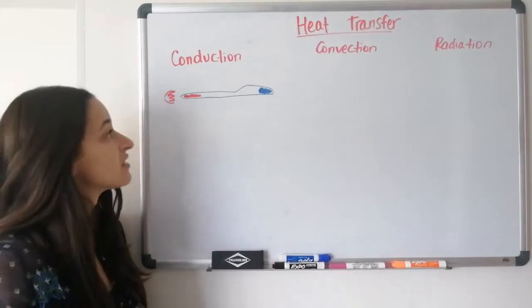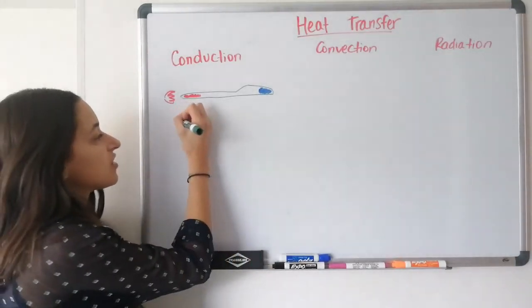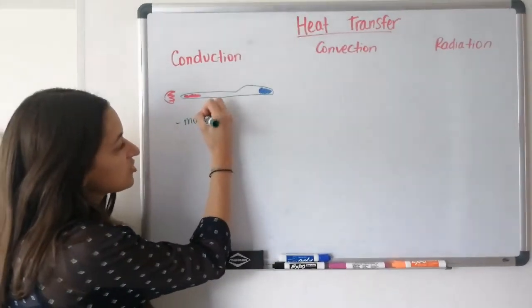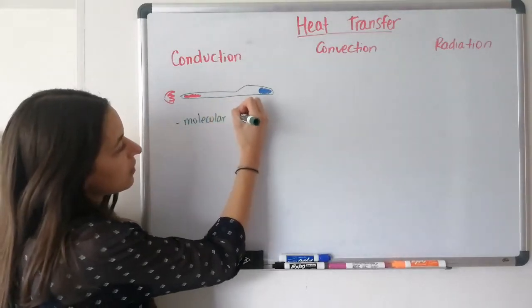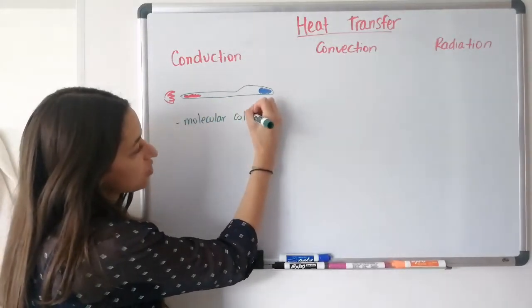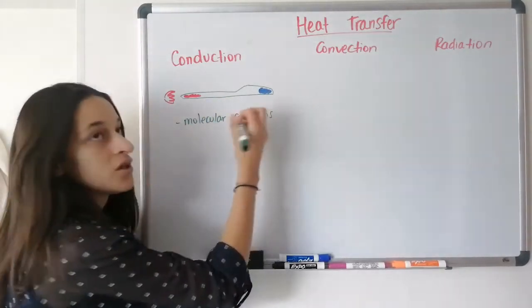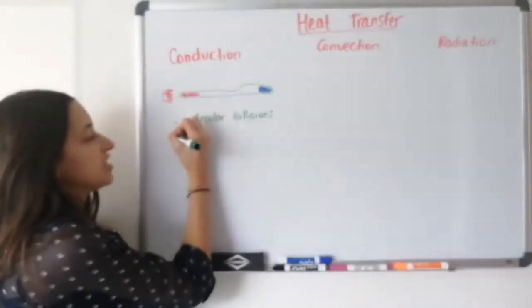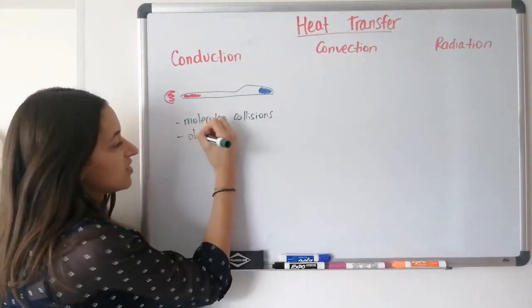So the important things about conduction are that it requires molecular collisions. So it requires the two objects or the two ends of an object to be in contact. So objects in contact.